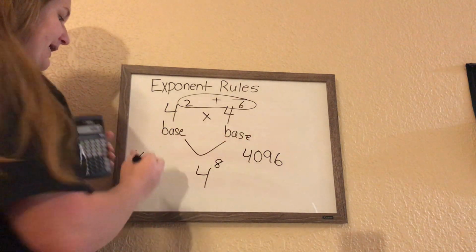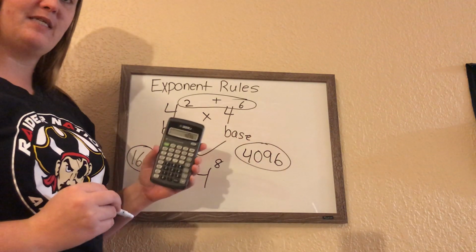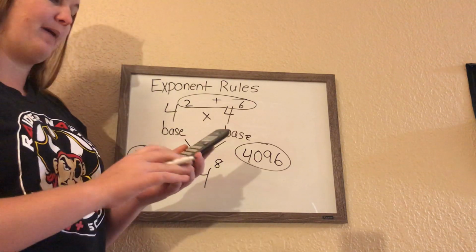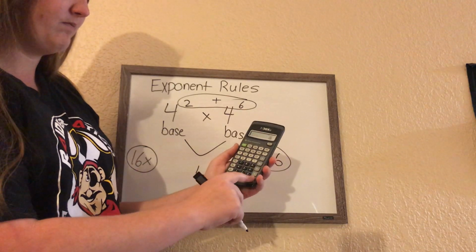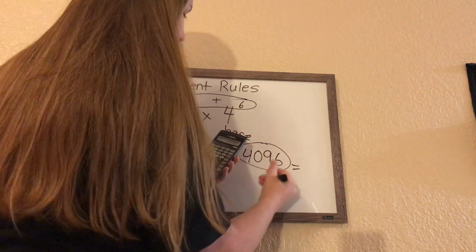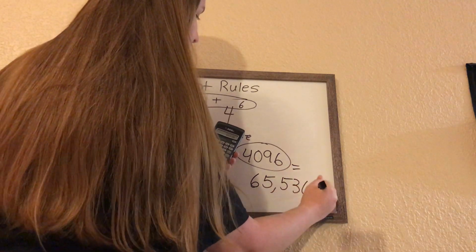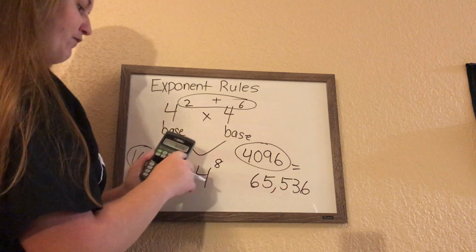Now, what this is saying is if we multiplied 16 times 4,096, would that be the same as this expression 4 to the 8th power? So let's check. So 4,096 times 16 is equal to, supermassive number, 65,536, okay? Saving that. Now let's go ahead and see what 4 to the 8th power is.